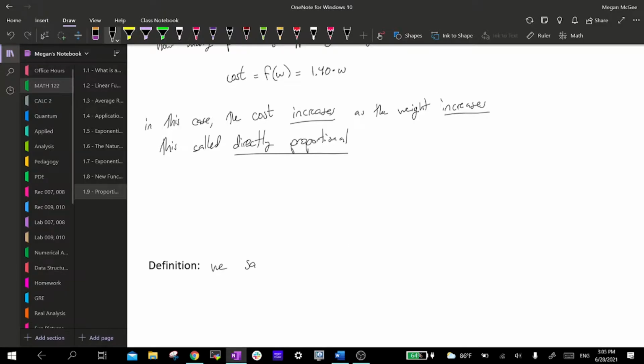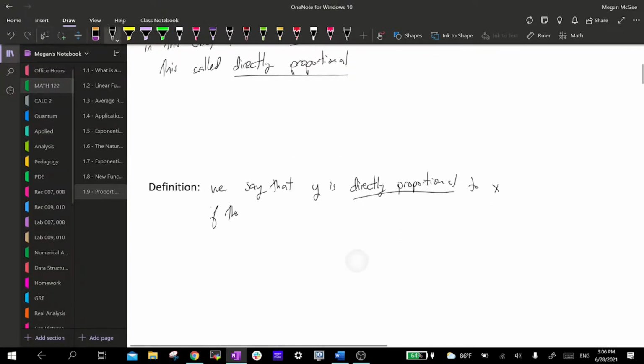So we say that some quantity y is directly proportional to another quantity x if there is a non-zero constant k, so that's our non-zero constant, such that we have this equation, y is equal to k times x.